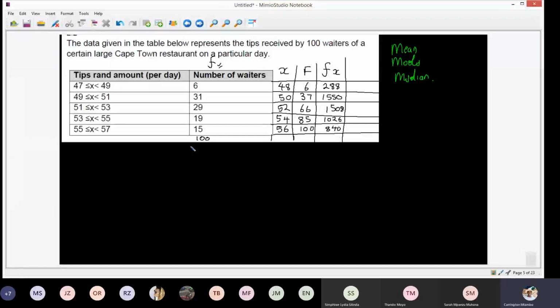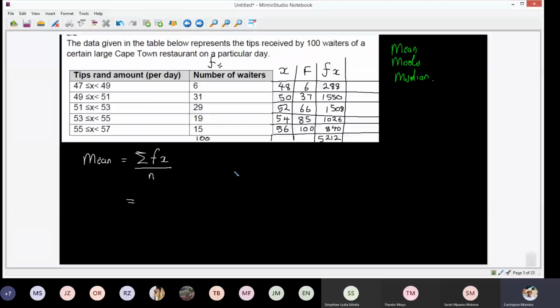Then you get 5212. Right, so let's start with our mean. Your mean, by now you should know the formula, is given by summation of fx over n. What is your summation of fx?